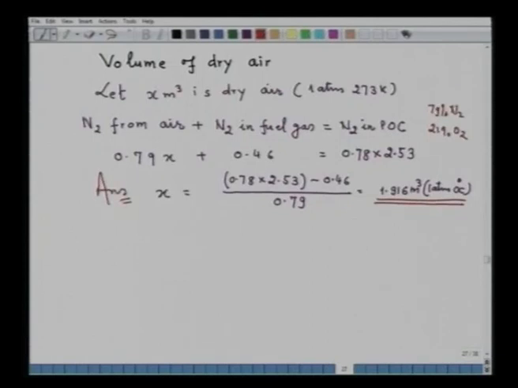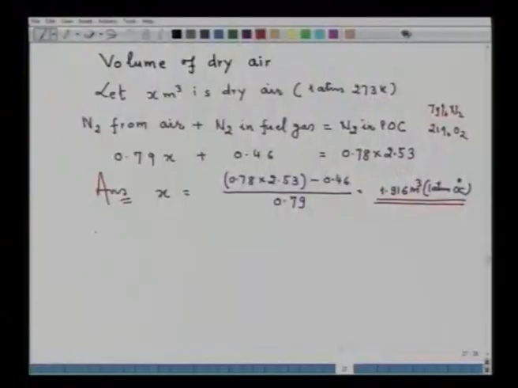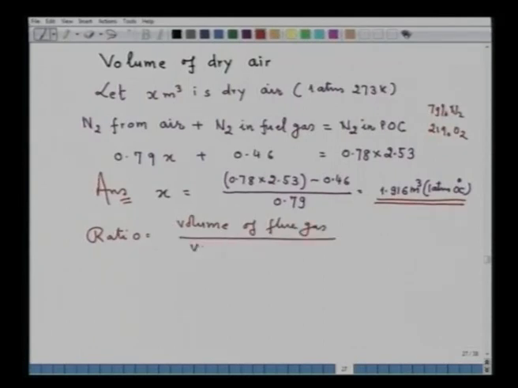Now, it is interesting to develop the ratio between volume of air and volume of flue gas. If you calculate, for example, the ratio of volume of flue gas upon volume of air, it is just to get a feel, though it is not given in the problem.